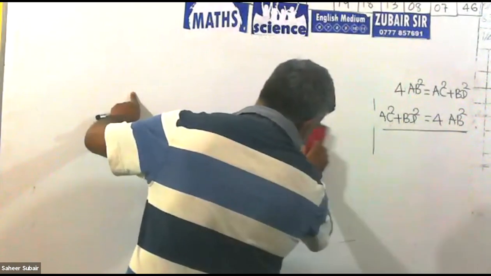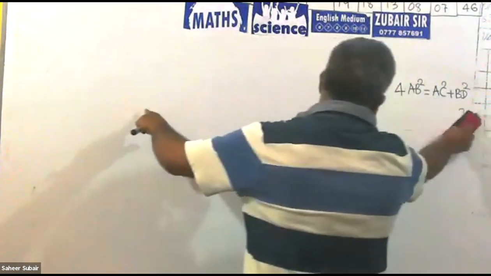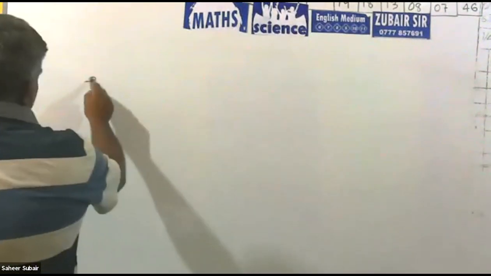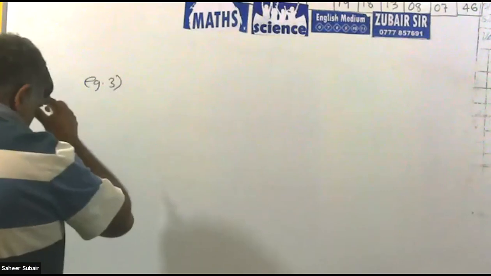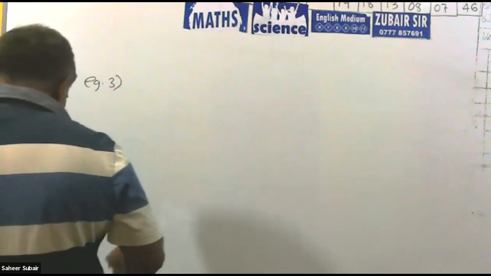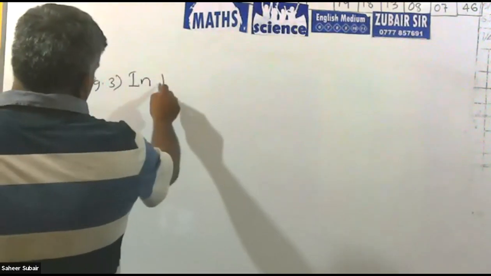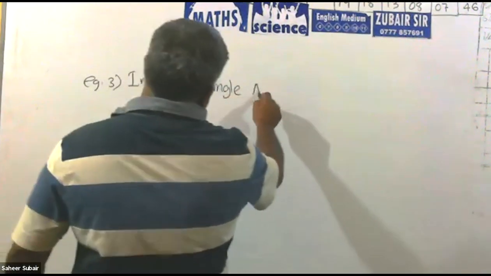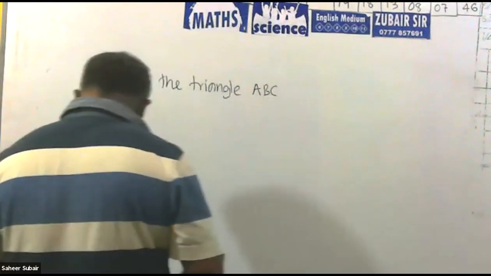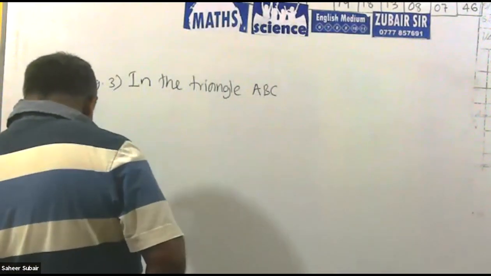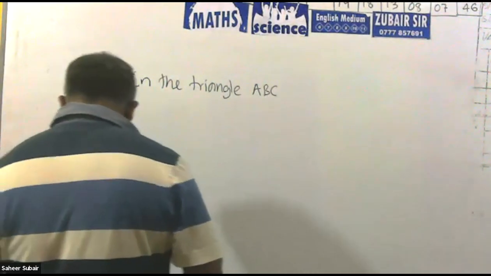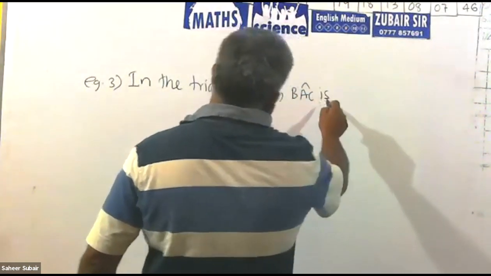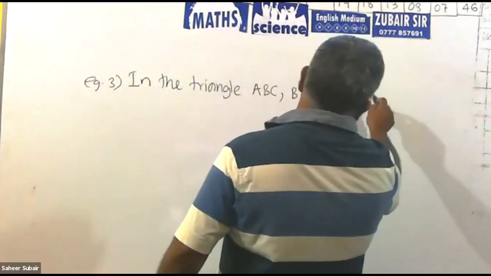Now we'll see another example. Right, example 3. In the triangle ABC, PAC is an obtuse angle.